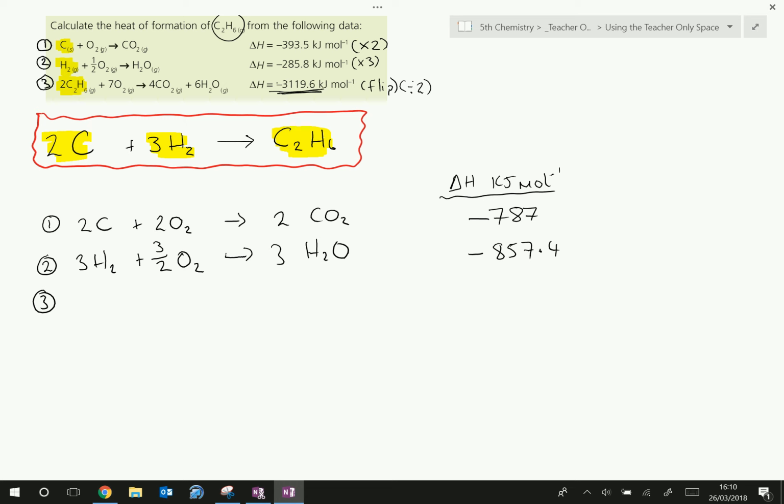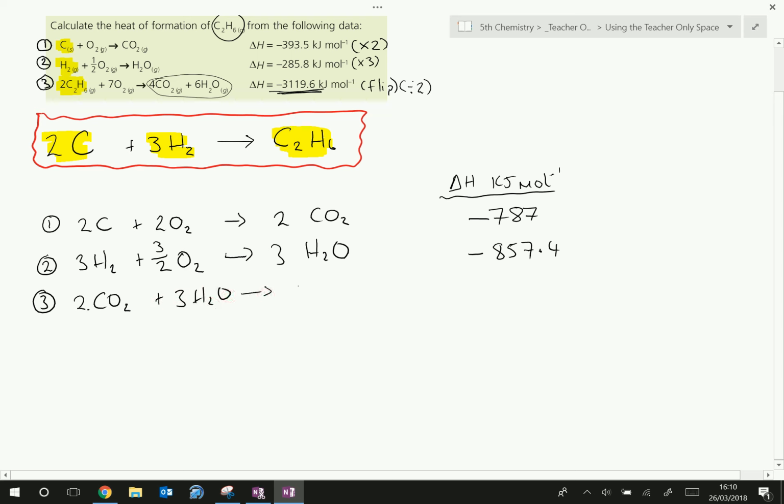As I'm flipping everything around and flipping that sign, I also have to divide them by 2. So for equation 3, I'm going to write this stuff now on the left, because I need to flip, and half it. So I have 2 CO2s, and I have 3 H2Os.